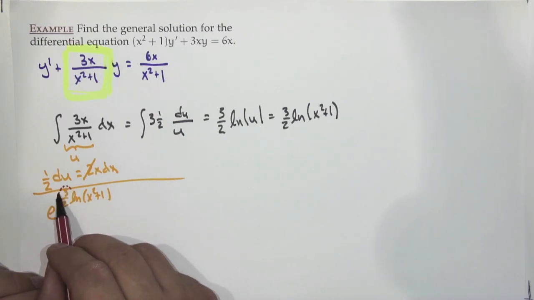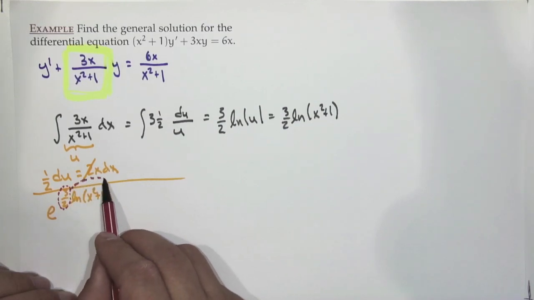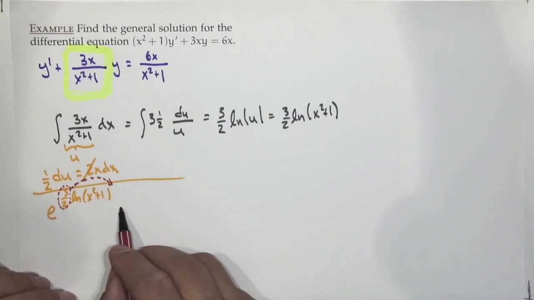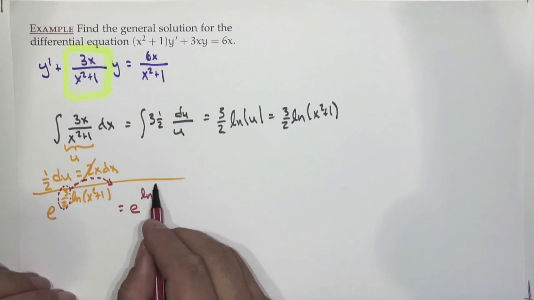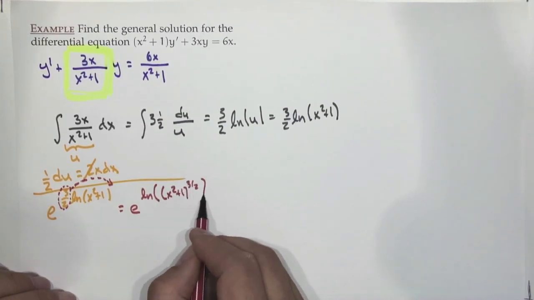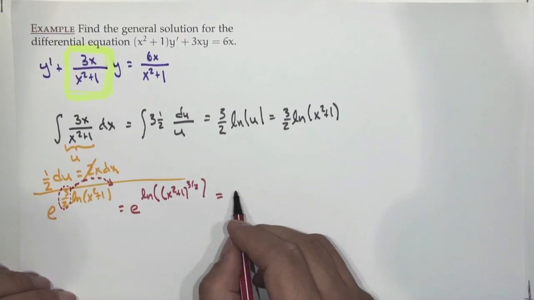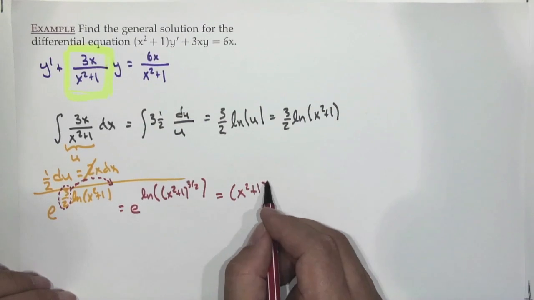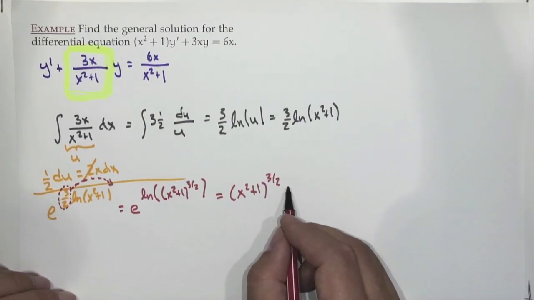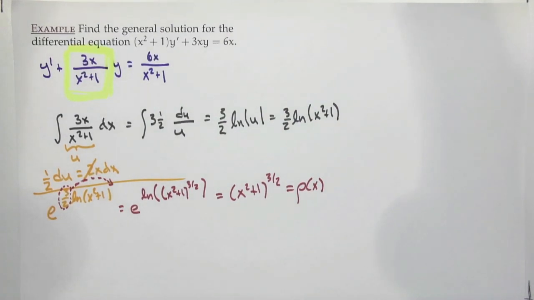Okay, so first off, a constant in front of the log, you can take upstairs. So this is the same as e to the log of (x squared plus 1) to the 3 halves power. And then e and log undo each other. So you get (x squared plus 1) to the 3 halves. So this part right here is what we call rho of x. We found our integrating factor. And this is the part that's just right.